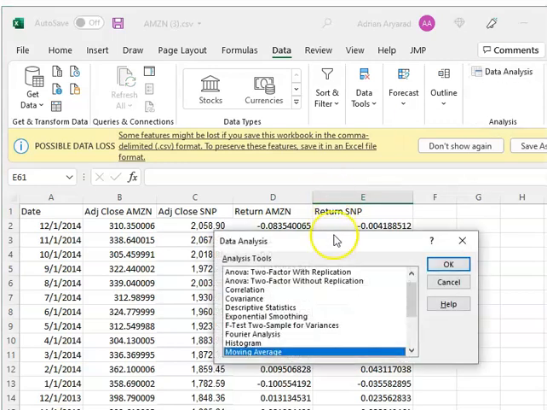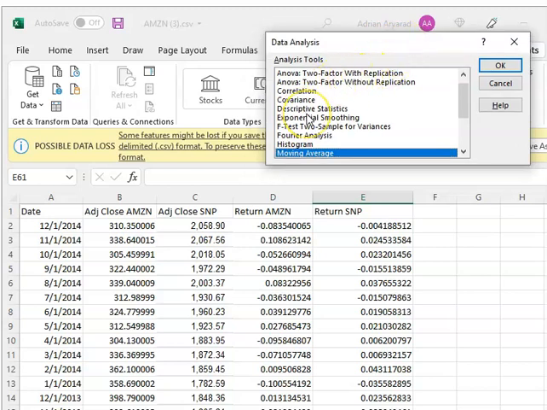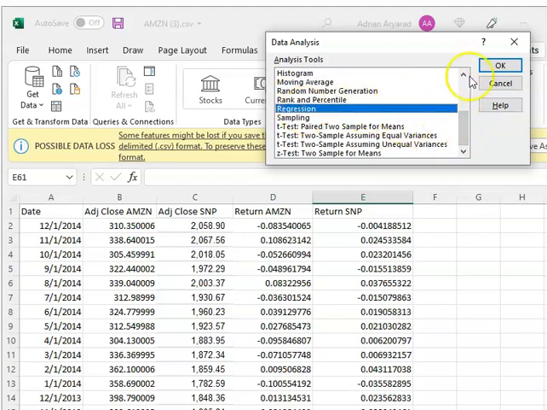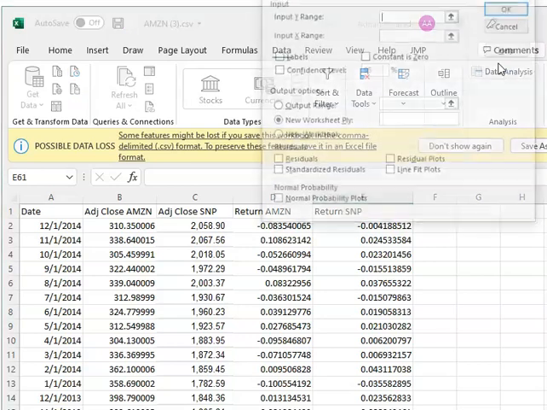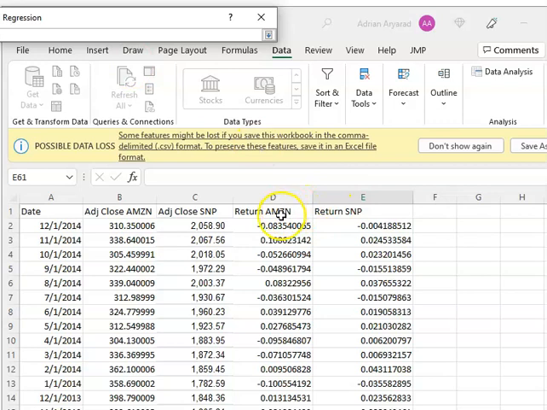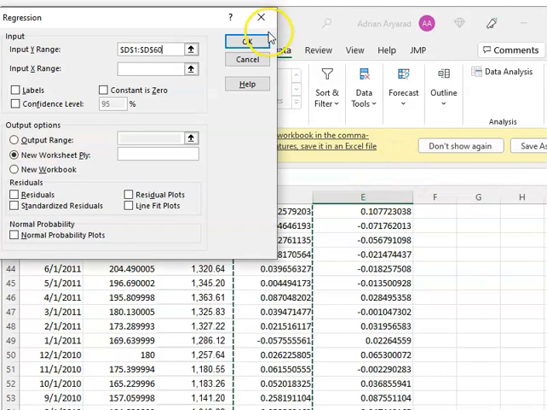So let's really quick show you from Excel, and then I'm going to show you in JMP as well. Regression, scroll down. Regression, and click OK. For Y, we're going to use Amazon data. Include the label, Control Shift down arrow. That's for Y. Y is Amazon.